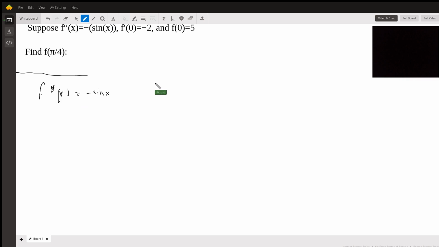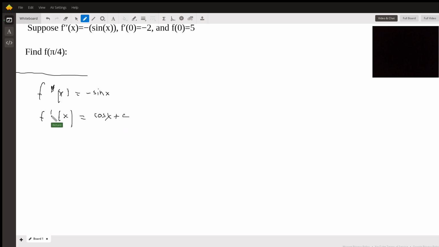You probably learned that the derivative of the cosine is the negative sine. So the function whose derivative is negative sine, the antiderivative of negative sine, is just going to be cosine of x plus some unknown constant c.